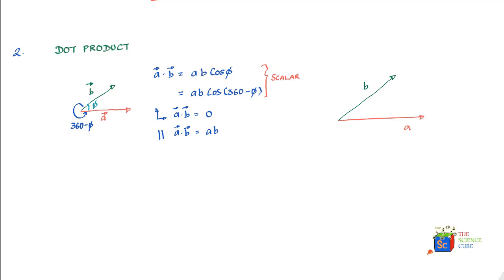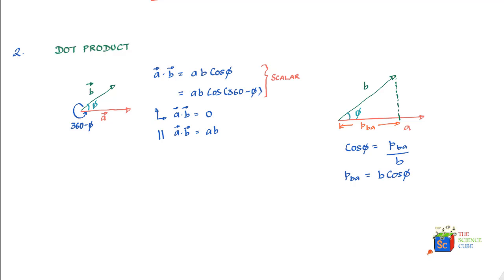Let's say you take the projection of B on A, which would be this, and let's call this projection of B on A. And if this is the angle phi between vector B and vector A, you would see that cos phi is equal to projection of B on A divided by magnitude of vector B, in which case projection of B on A equals B times cos phi.